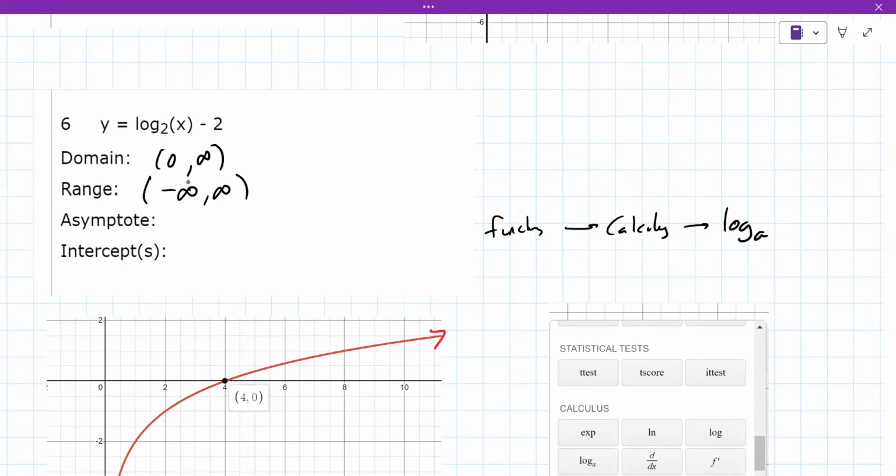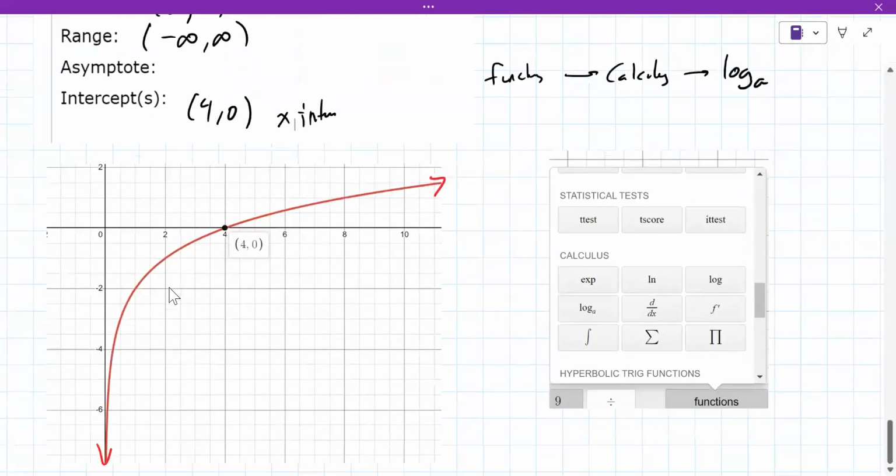Okay. How about asymptotes? Where does it cross the x-axis? 4, 0, right? Yep. I'm sorry, that's the x-intercept. We will come back and do the asymptote. The asymptote is this vertical line here at 0, x equals 0.